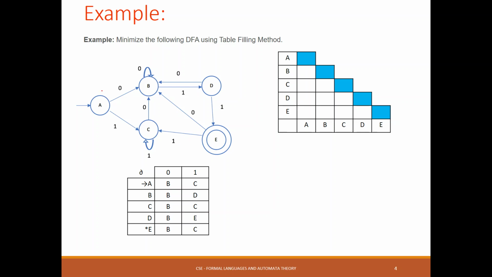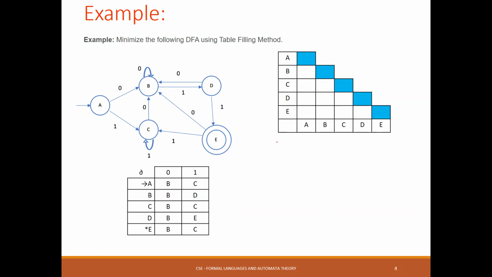First, they have given the transition diagram. We need to draw the transition table like this. Based on the given diagram, we have drawn the transition table. Now this table should be filled. There are 5 states.